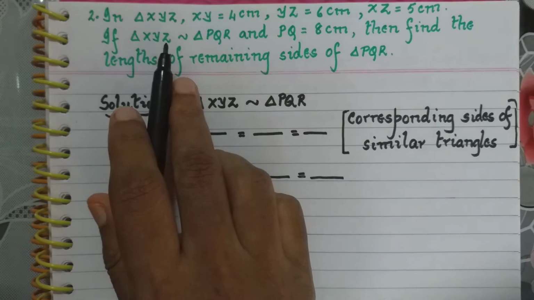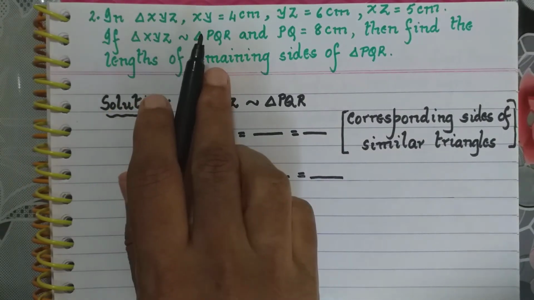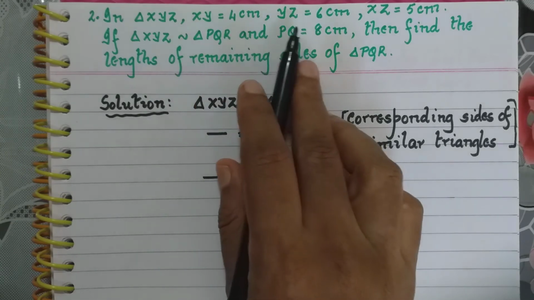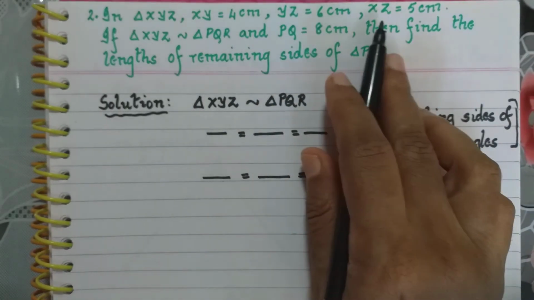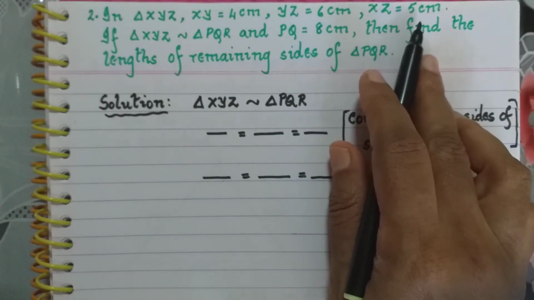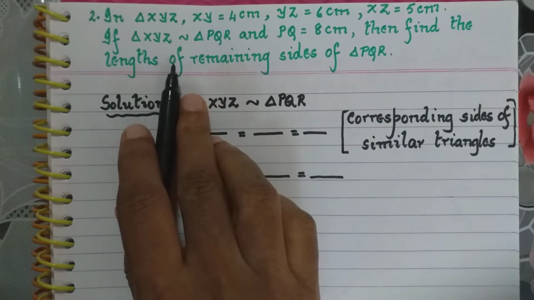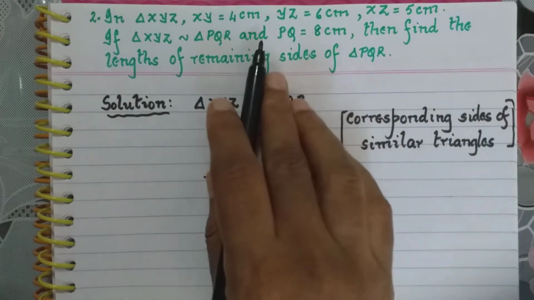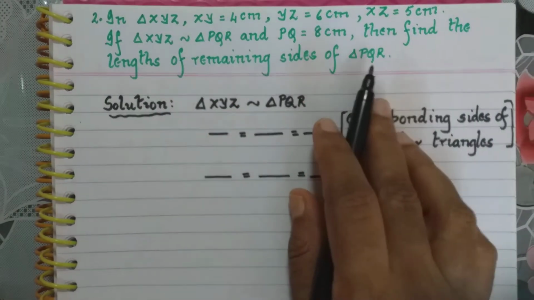Now we see question 2. What are they saying? In triangle XYZ, XY is 4 centimeter, YZ is 6 centimeter, XZ is 5 centimeter. Triangle XYZ is similar to triangle PQR and PQ is 8 centimeter.